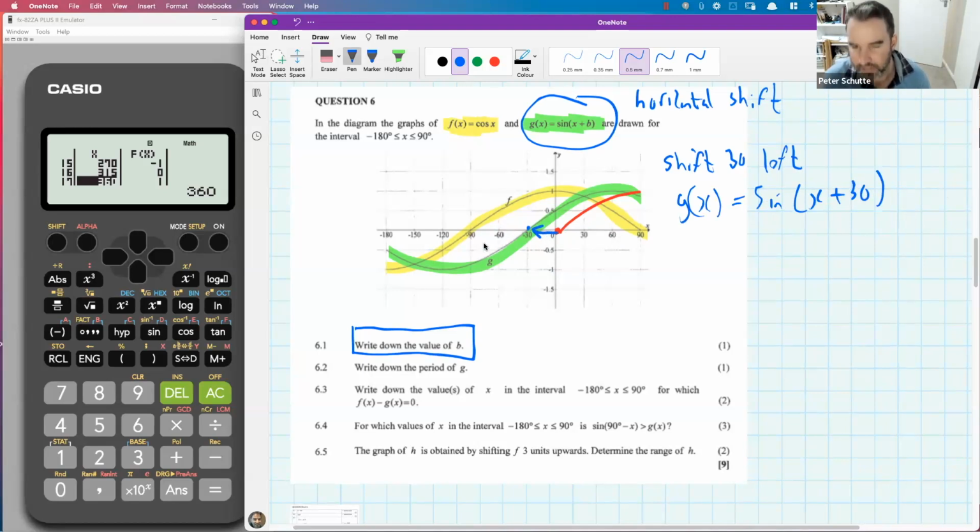So b must be positive. Yep. And so this is an example of where they give you the graph and you need to be able to work backwards to get that bit over there.